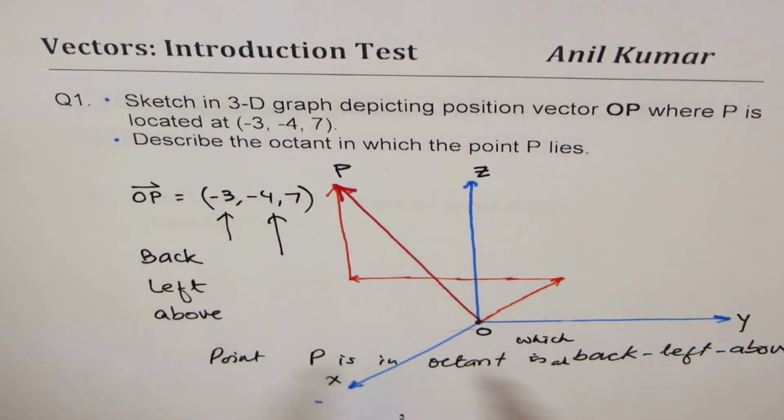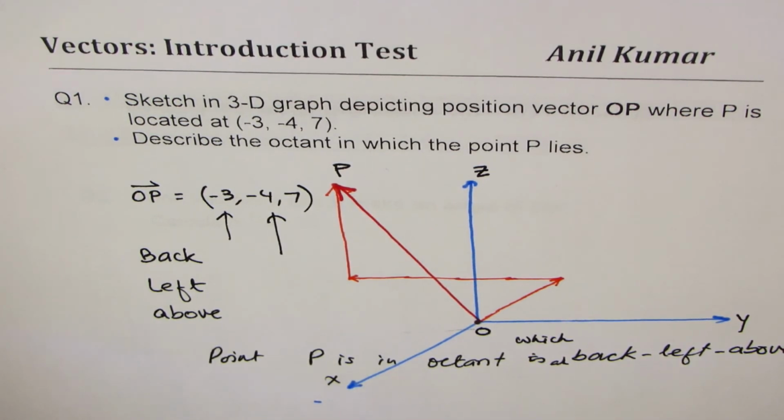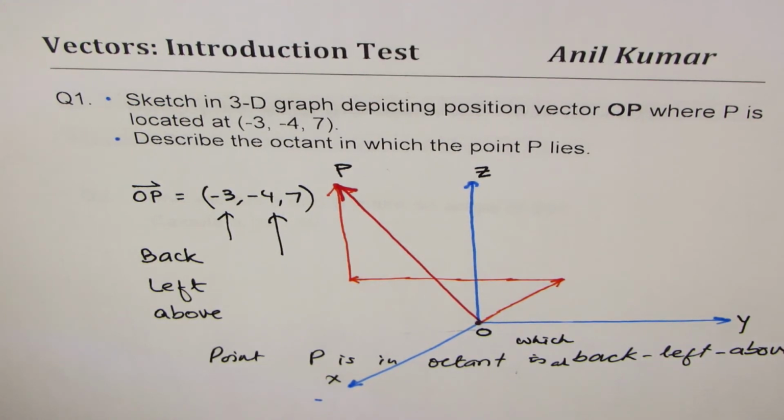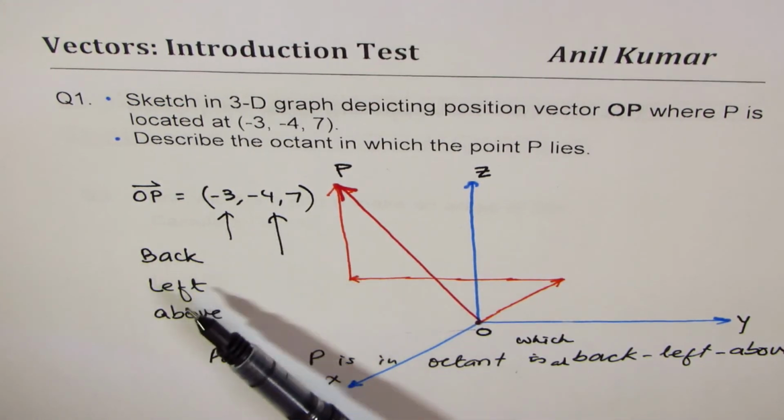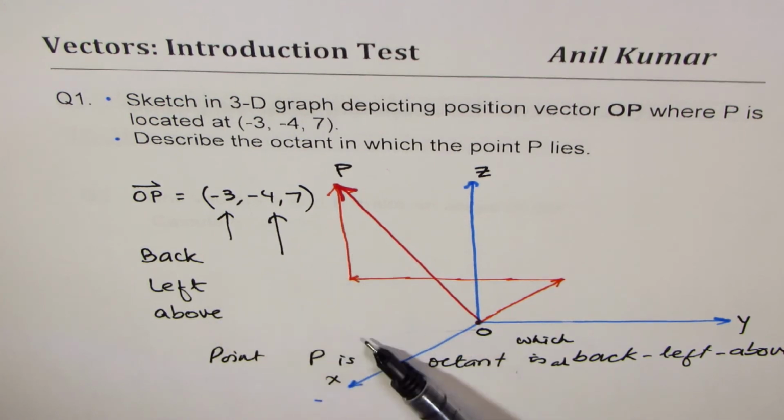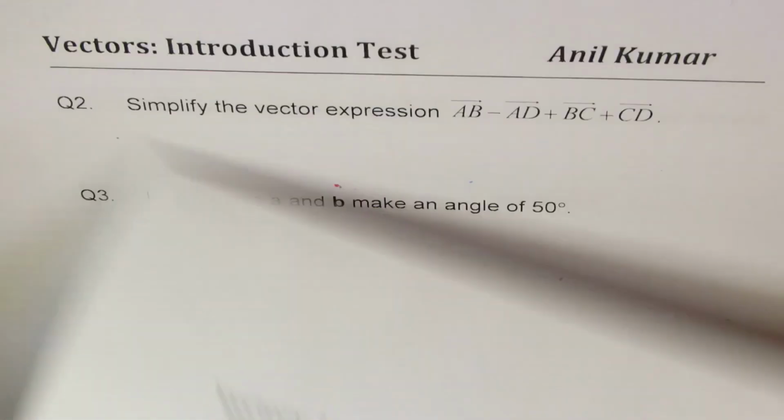So that becomes the position. So I hope that is absolutely clear, right? So remember there are 8 octants. Position of the first octant is fixed, which is all positive here on this side, correct? But for the others, we describe them with their position as it could be back or front, left or right, above or below, right? Okay, let's move on.